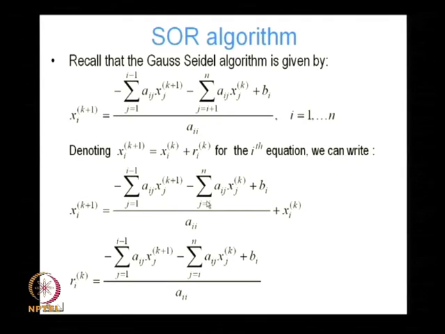The term for j equal to i, which is nothing but a_ii x_i^k, divided by a_ii. That means I am adding a minus x_i^k, and I am compensating for that by adding another x_i^k. So, I rewrite this like this, and since we have denoted x_i^{k+1} is equal to x_i^k plus r_i^k, this whole thing becomes my r_i^k.